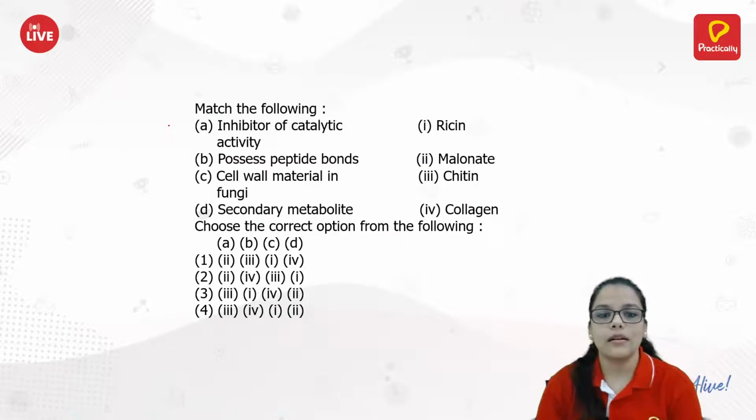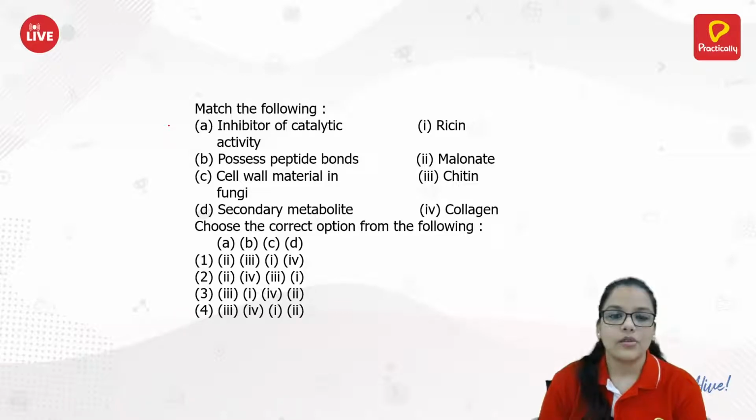Okay, next, another one. We are talking about different kinds of compounds and what they are used for. The first is inhibitor of catalytic activity, possesses peptide bonds, cell wall material in fungi, secondary metabolite. One of the first things you can see, cell wall material in fungi, that is chitin. That is one of my favorite things. So I'll put this C3. Now C3 is there in one option only, so I guess it is 2.